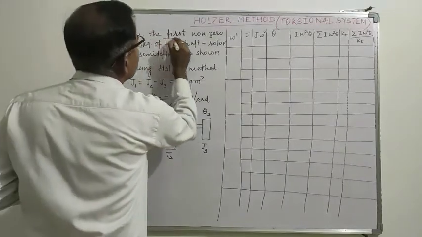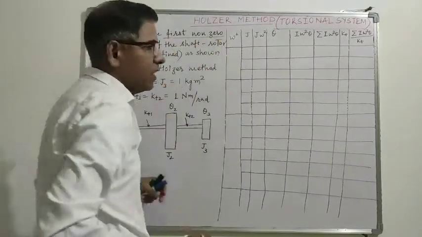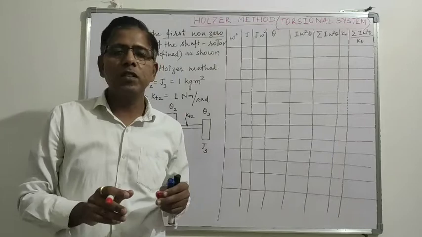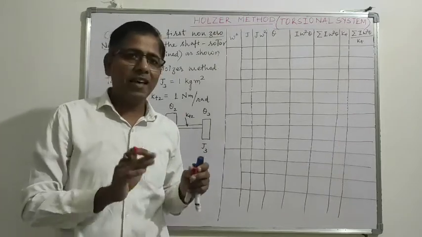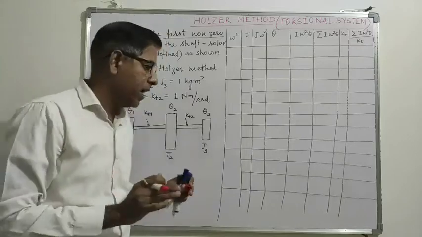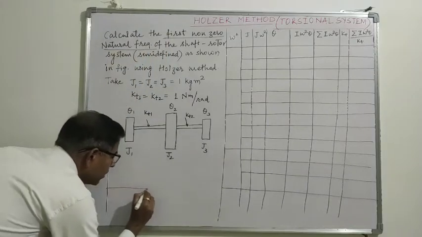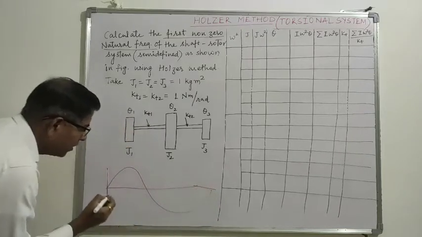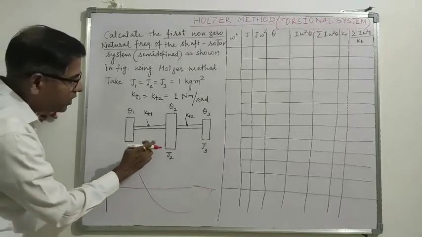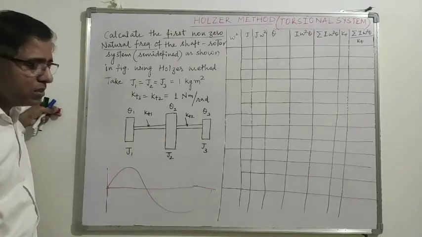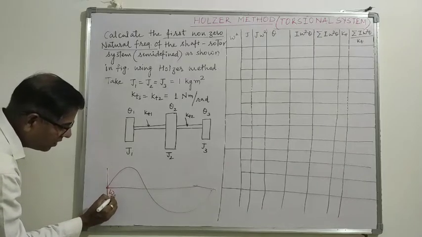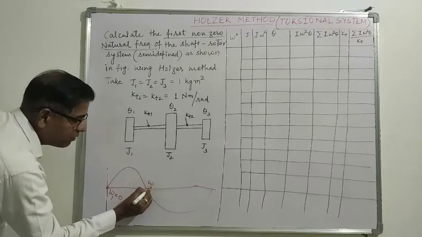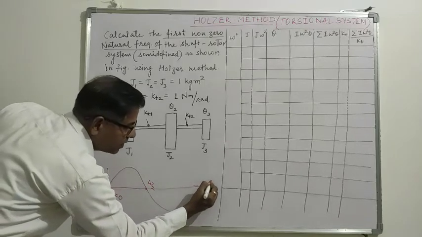In the previous video we saw the theory behind the Holzer method, and we learned that for a three rotor system there are three natural frequencies, but the first natural frequency will always be 0, whereas the second and third natural frequencies have some values.